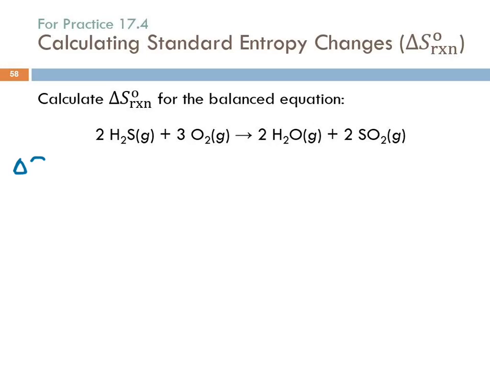So delta S, no, not delta. We need S0. So for H2S, I'm going to look it up in the table under sulfur. So the next page, H2S, make sure you get the state correct. So we want the gas, so that's 205.8. And all of these are in joules per mole Kelvin.